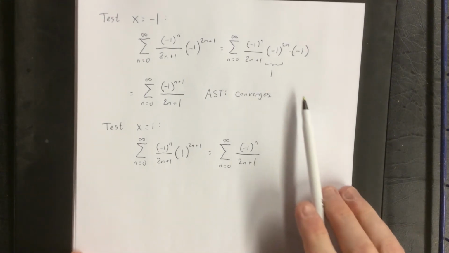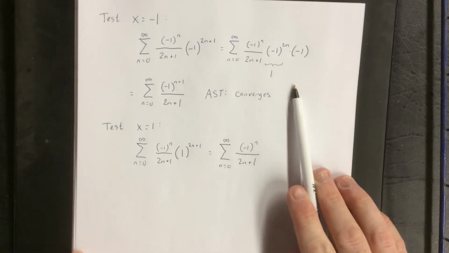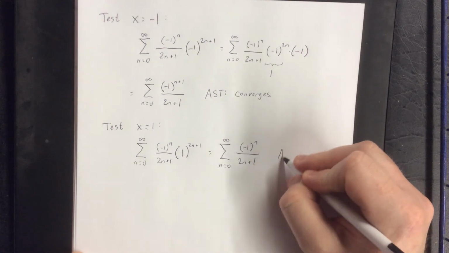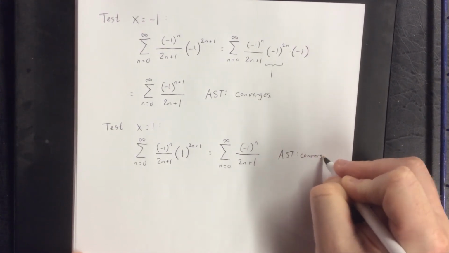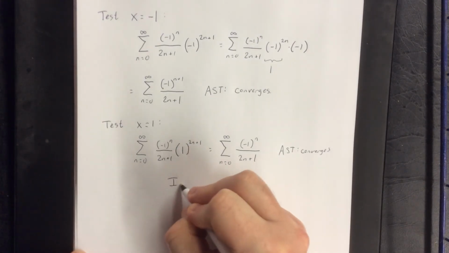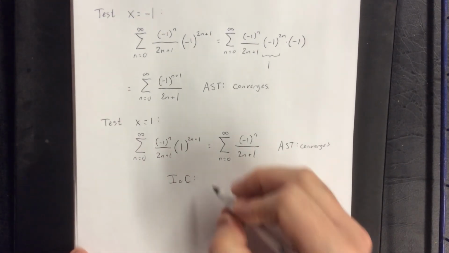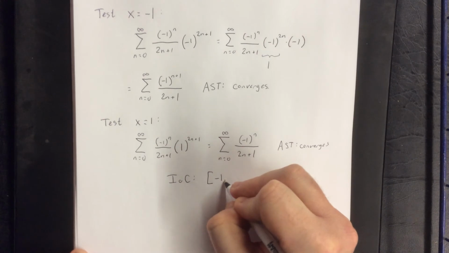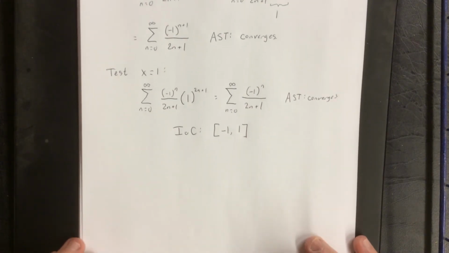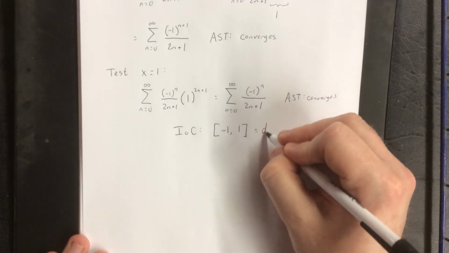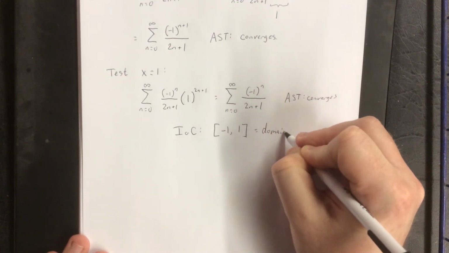Aside from the additional minus sign, this is the exact same series as what we had over here. If you apply the alternating series test, you'll get that this converges as well. Which means that the interval of convergence for this power series representation is now going to be the closed interval from negative 1 to positive 1. Now, that also becomes the domain of our function.